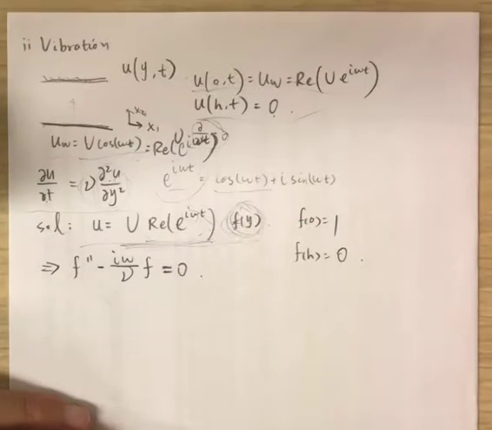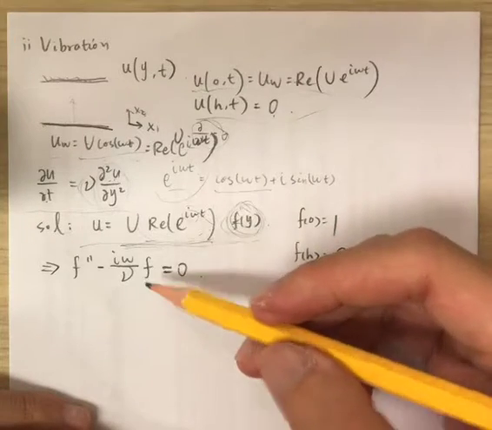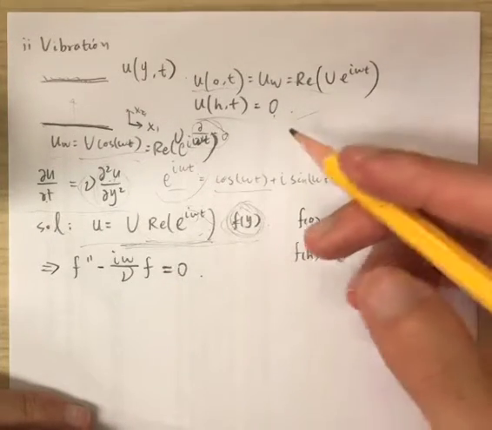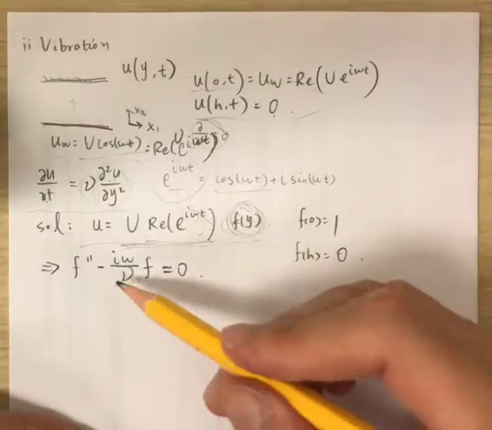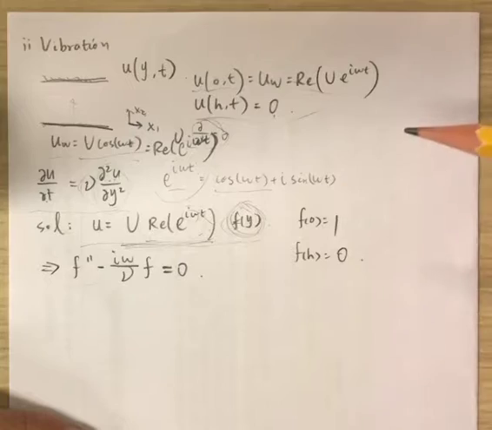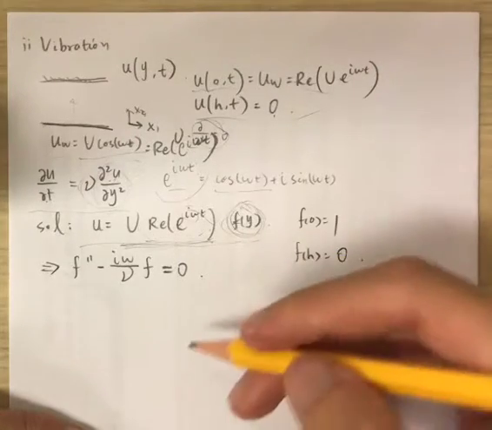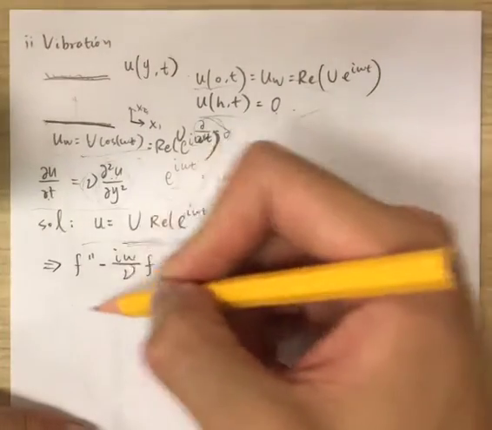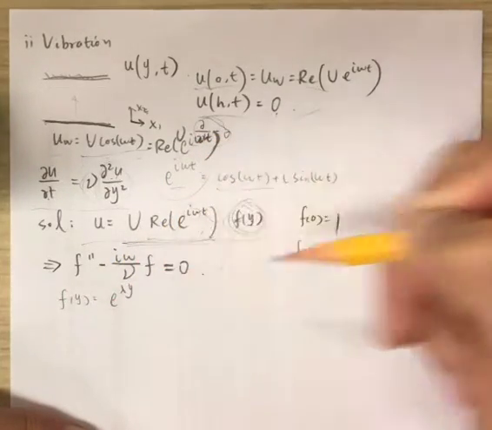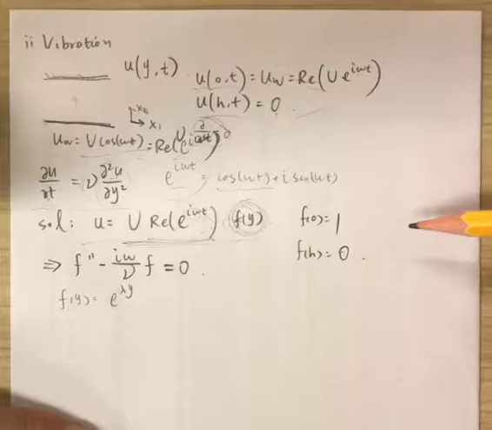So this seems to be a not so hard to solve equation. It's a second order linear ODE, right? This can be solved by solving the characteristic polynomial. So let's do that. We assume that f(y) may equal e to the power of lambda y.